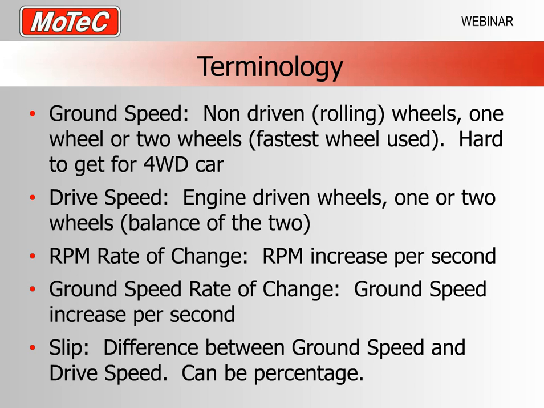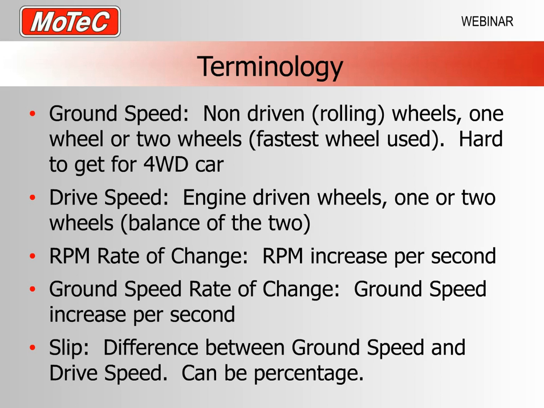The difference between the two is what we're trying to control. So on a four-wheel drive car you start looking at things like GPS, or even extra ground speed sensors which aren't actually connected to the wheels. It gets a little bit complicated. But ground speed is how fast the car is moving across the ground.